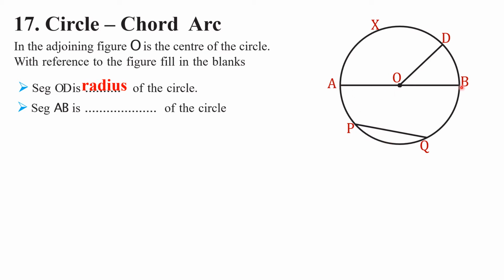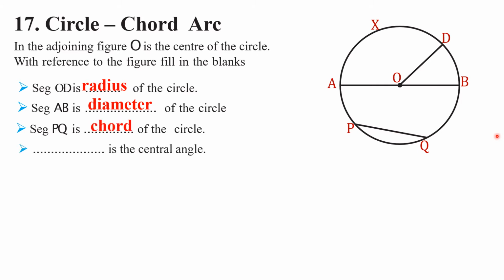Therefore, AB is also a chord, but chord AB passes through the center of the circle. Therefore, this is a diameter. So, write down segment AB is a diameter. Next one, segment PQ is a chord.